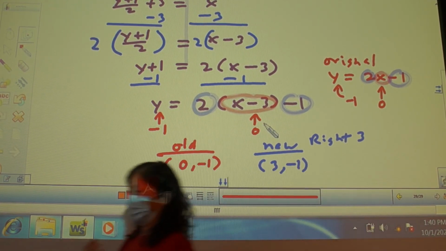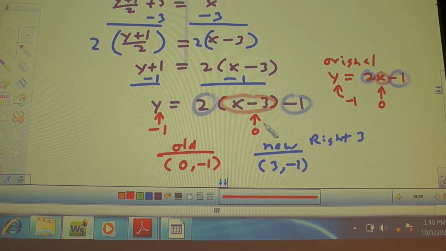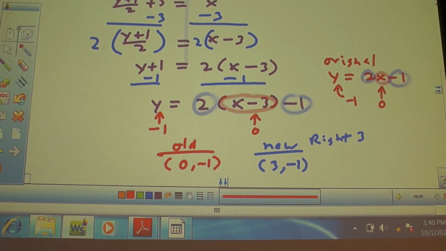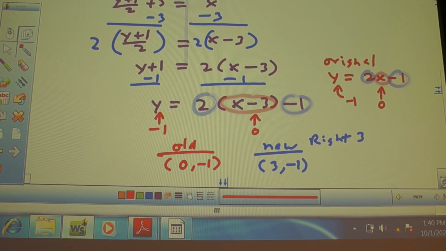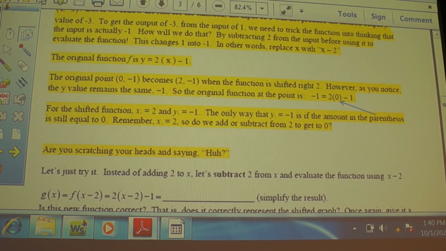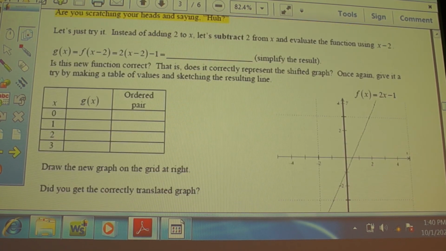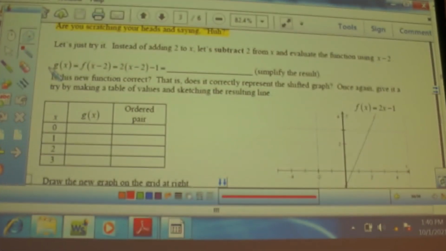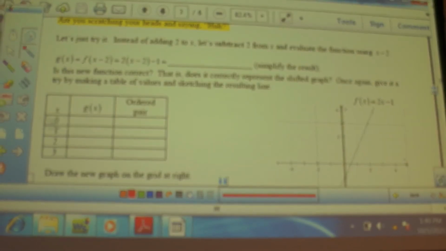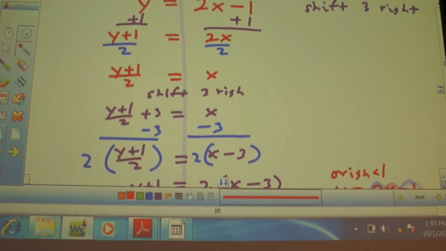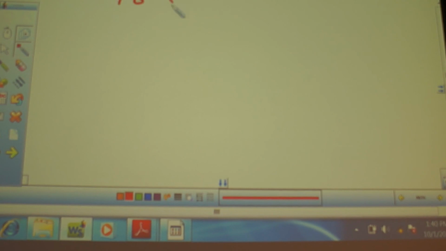So do you need to remember all of that? Well, no. If you just remember the bottom line, which is this. The bottom line is, to shift horizontally, oh, sorry, we are out of time.